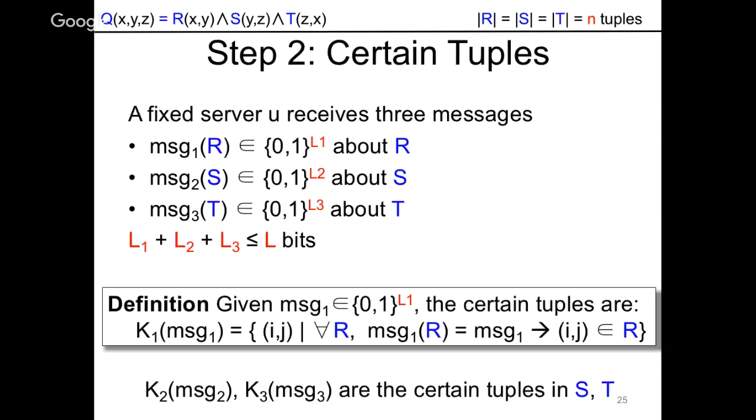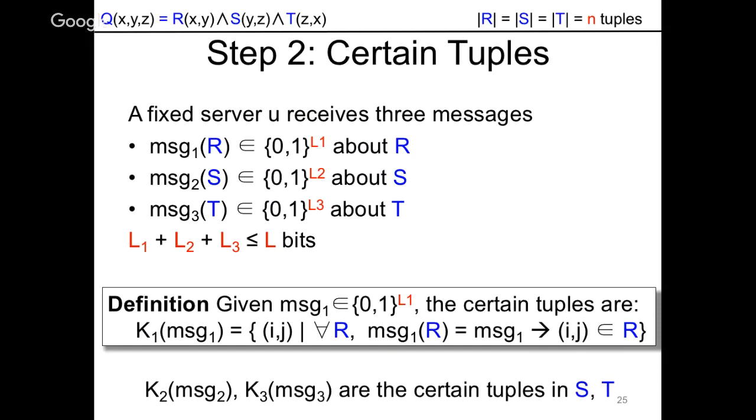Okay, now let's see what the algorithm actually learns by receiving these bits about the input. And this is really the most technical part of this tutorial, when we examine what we can learn from a limited number of bits about an input database.